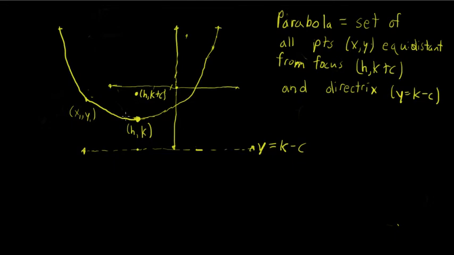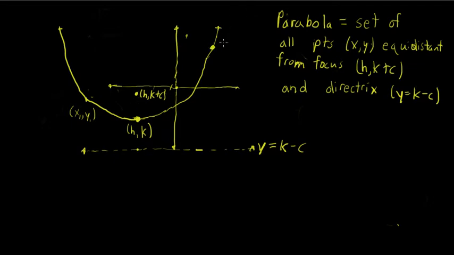And this is the case for an upward opening parabola. And the directrix is the line y equals k minus c. So it's just C y units below the vertex. So you can kind of see that the vertex is in the middle of the directrix and the focus.